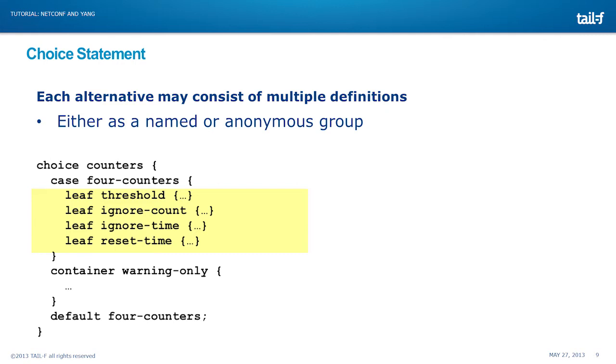In this case, we see a case called for counters. So we could have threshold, ignore count, ignore time, reset time. In the hierarchy of our model and our paths, for counters wouldn't actually appear. It would be counters / threshold, counters / reset time.